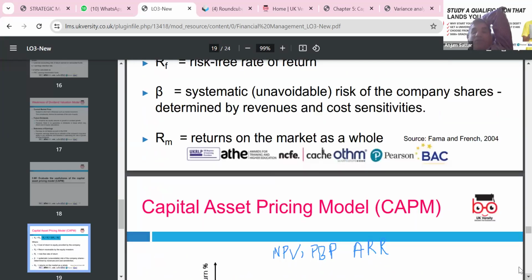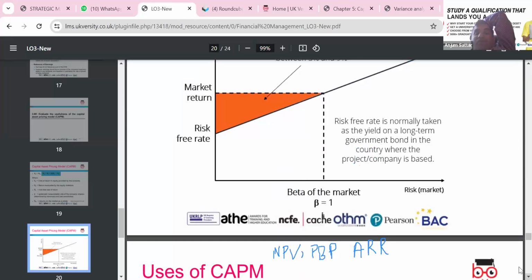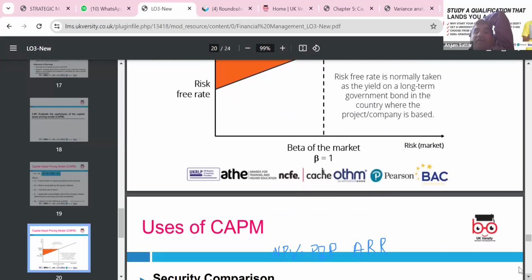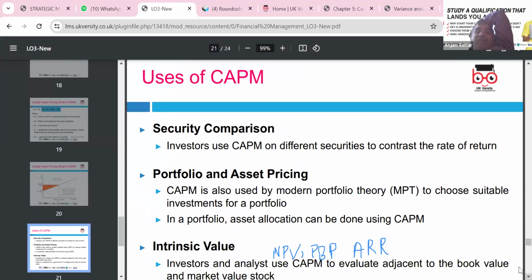By putting in the figures and calculating, we can find the risk premium, and we can show the graphs as well, the market return and the risk. If you have a higher risk, you expect a higher return, but you have to minimize the risk and maximize the return by investing in different shares, where the average cost of capital can go down and the profit can go up.